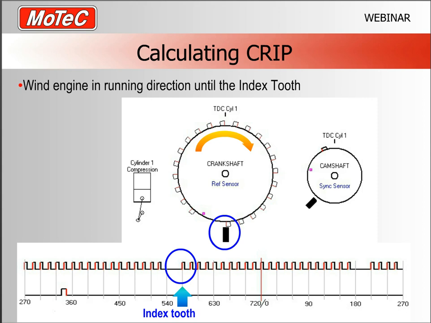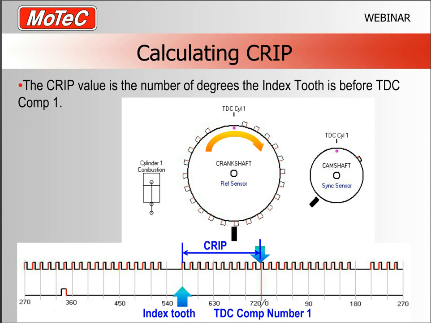So we've wound the engine forward, say, another half, 3/4 of a turn. So at this point in time, we now need to understand that that index tooth, or that position of the crank with the ref sensor lined up with that index tooth, we need to take note of how far we have to turn this crank in cranking degrees from this point back to top dead center compression number 1.